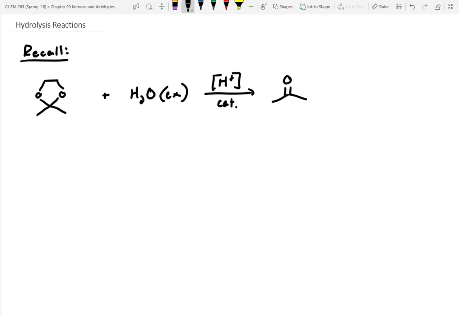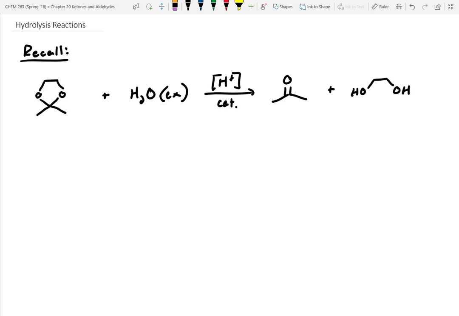You can form your ketone, and you can kick off that ethylene glycol that was protecting it, right? So the reason this is no longer in equilibrium is we're flooding it with excess water. Using Le Chatelier's principle, we know we're going to push it out, right?